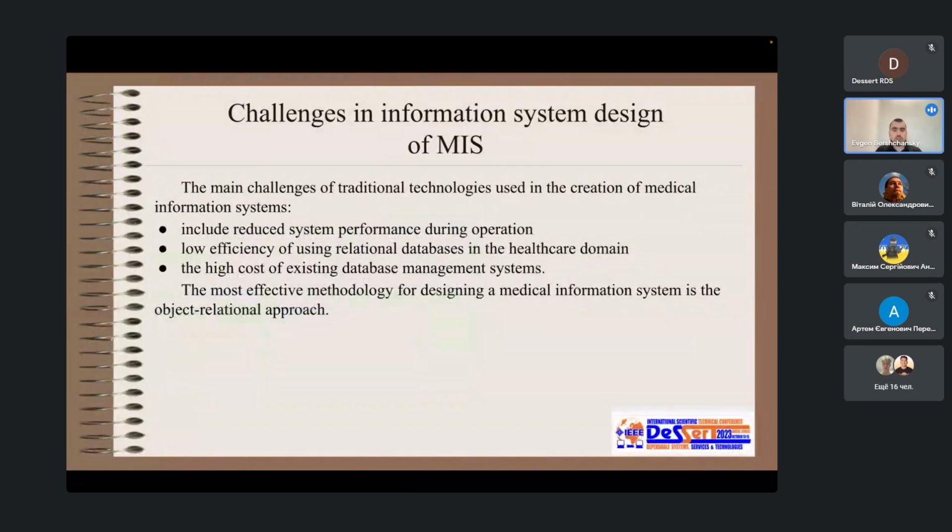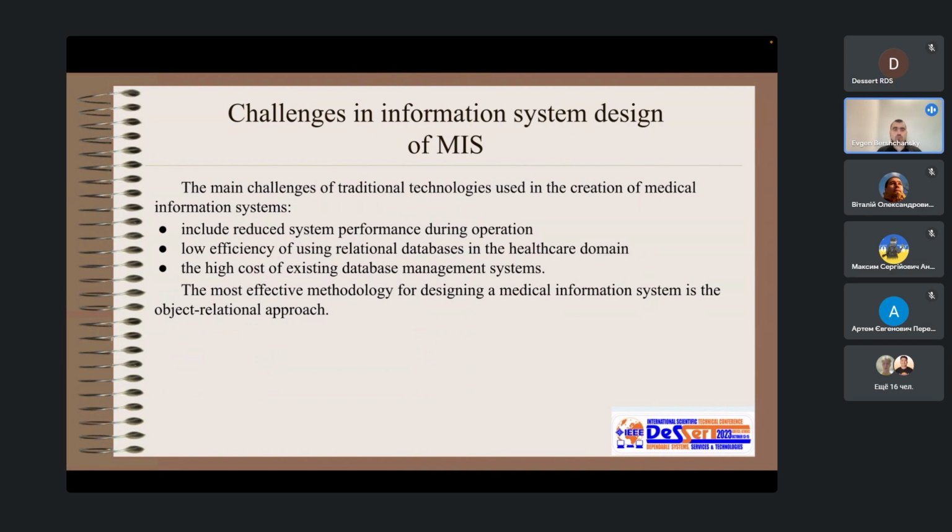So as I mentioned, today we will not talk about the functionality of medical information systems, but mostly about infrastructure design, its performance, and what challenges we have. It's system performance design during operation, and efficiency of communication between databases in healthcare.